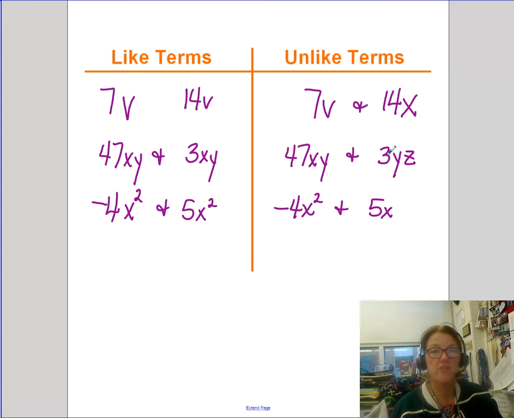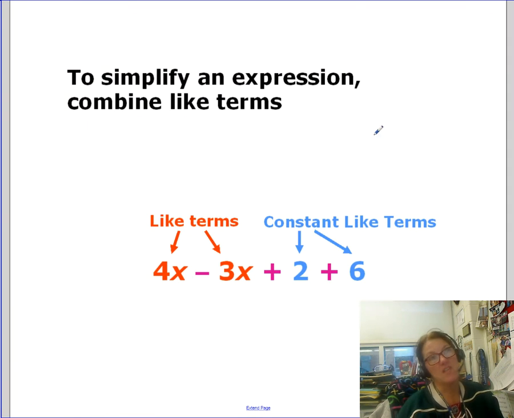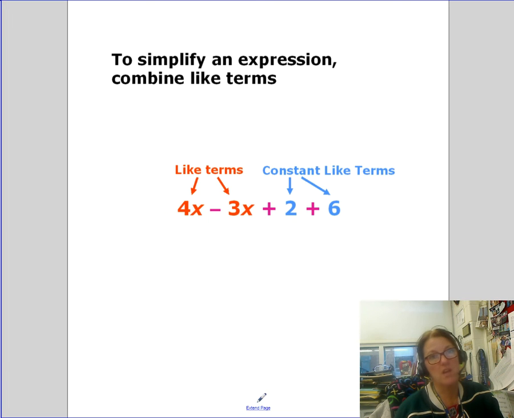So you have to train your eyes now to look for things that are alike. When you have things that are alike, then we can talk about simplifying. So if I have terms that are alike, like in this expression here, I have 4x and minus 3x. These two guys I can combine together into one term because they're alike.